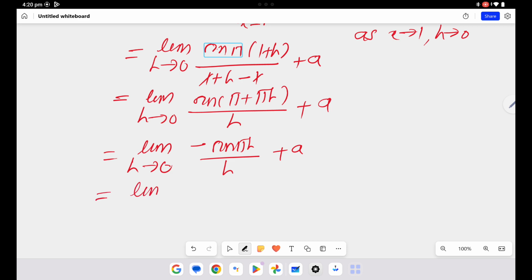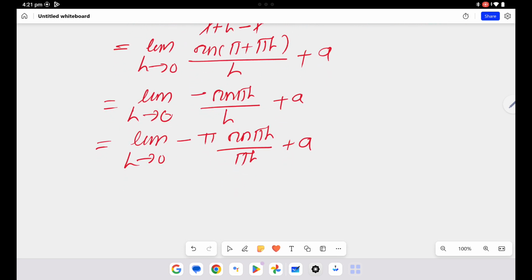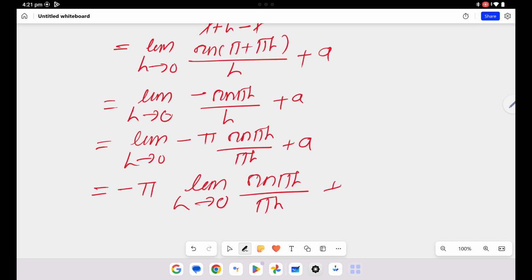So this is the limit as h tends to 0 of minus, multiplying numerator and denominator by pi, pi sin pi h upon pi h, plus the constant a, which is equal to minus pi times the limit as h tends to 0 of sin pi h upon pi h, plus a.